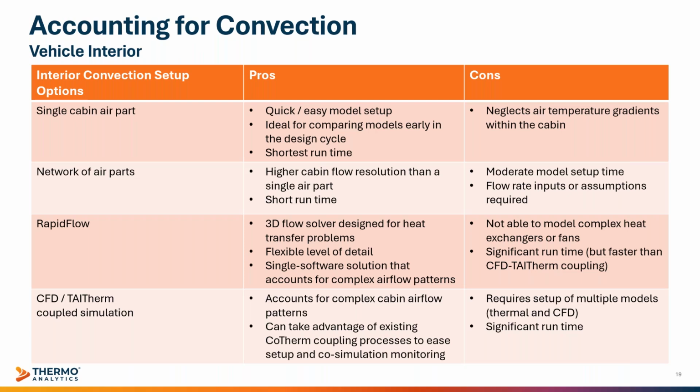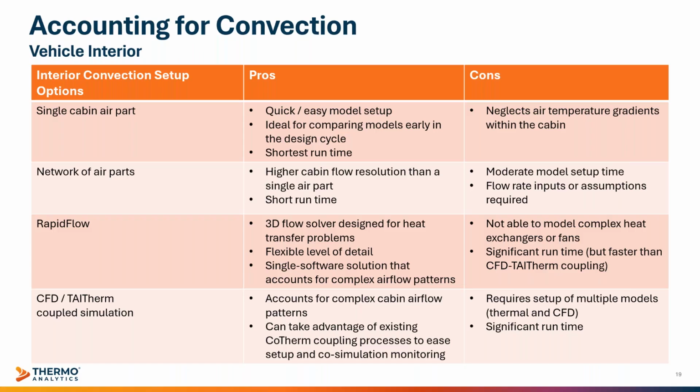The last option is to perform a CFD TAITherm coupled simulation. This method will also account for complex airflow patterns, but it does require that you set up a CFD model and some kind of coupling automation. This is a good option if you already have a coupling infrastructure set up, or if you have a CFD model already built that matches your TAITherm model.